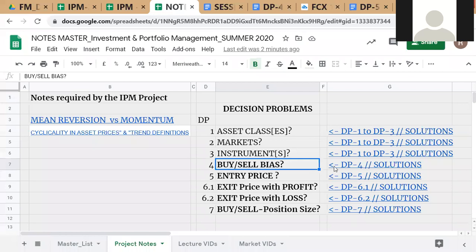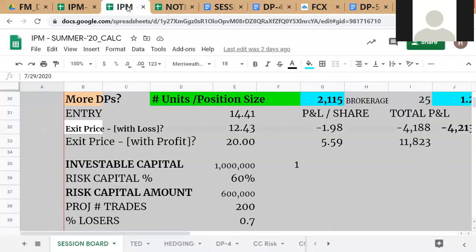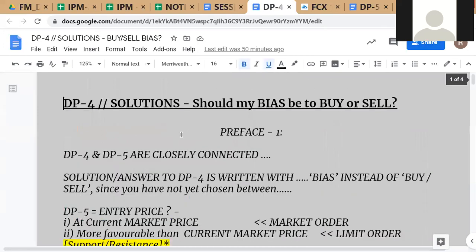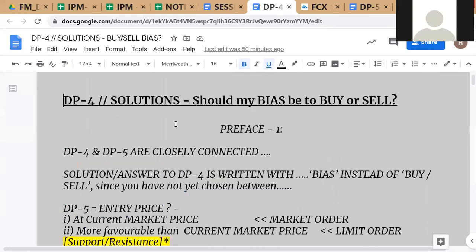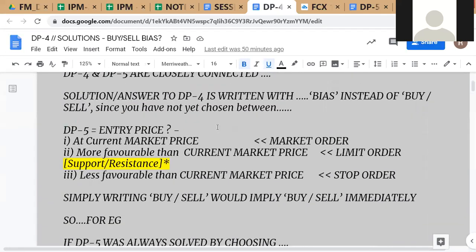Now we came to this problem, and we were discussing it. In that discussion, we came to the sheet called DP4 in your IPM summer calc file. If you look at your DP4, there are two preface notes, 1 and 2. Preface 1 we have already discussed.